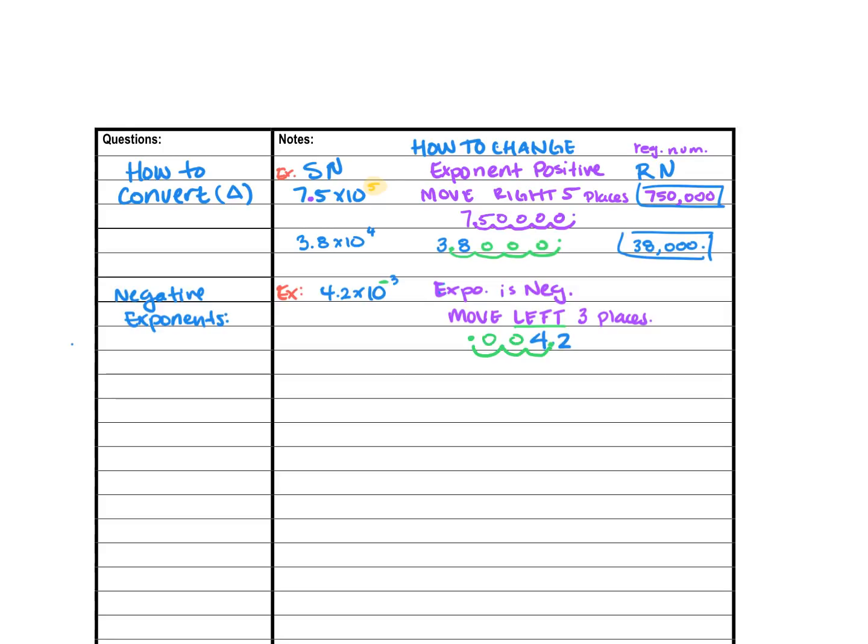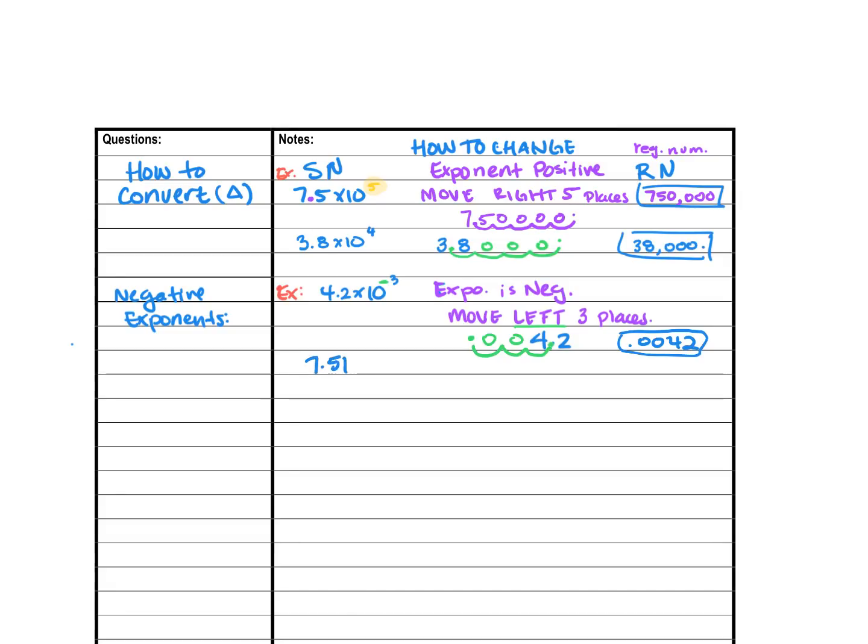You added 2 zeros. So look, it's actually a small number, right? 0.0042. So instead of writing 0.00042, you can write it in a shorthand way called scientific notation. Okay, let's do another example.